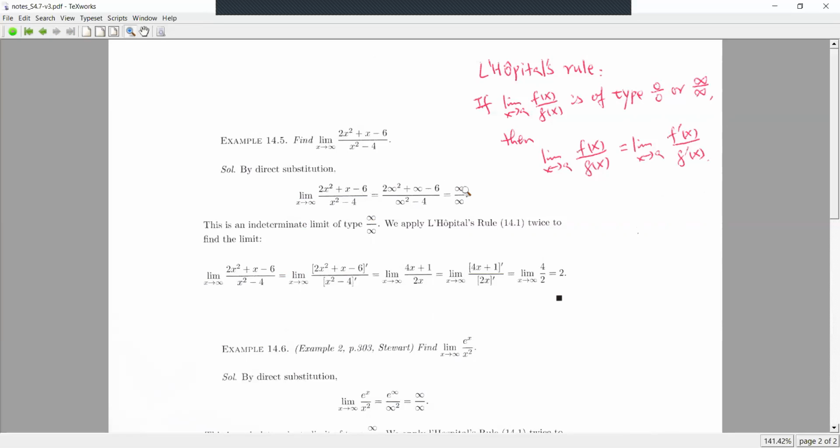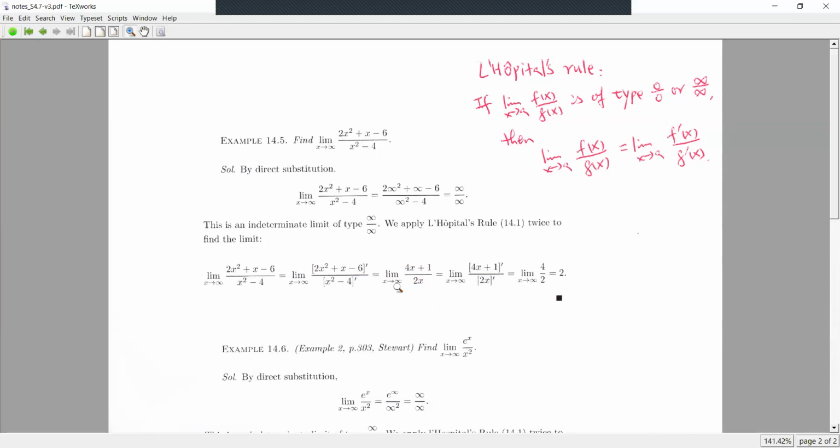So infinity over infinity. We cannot determine what infinity over infinity is, but we can apply L'Hopital's rule, right? By L'Hopital's rule, take the derivative of the numerator and the derivative of the denominator, then we get this limit.